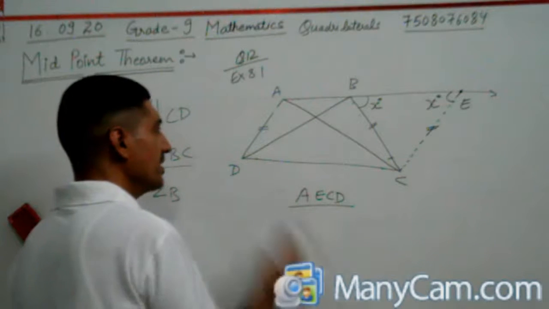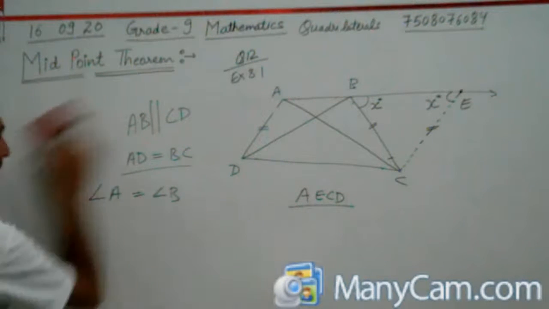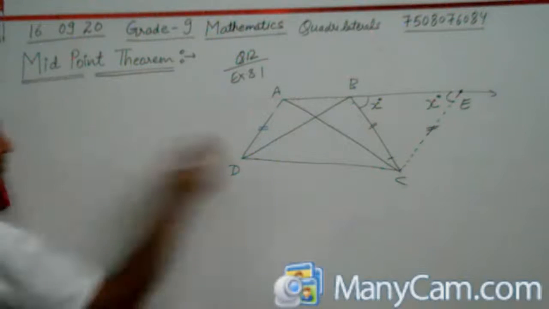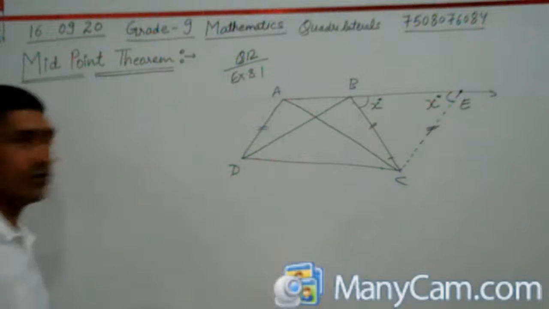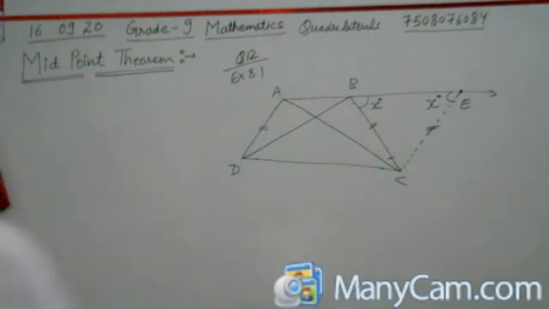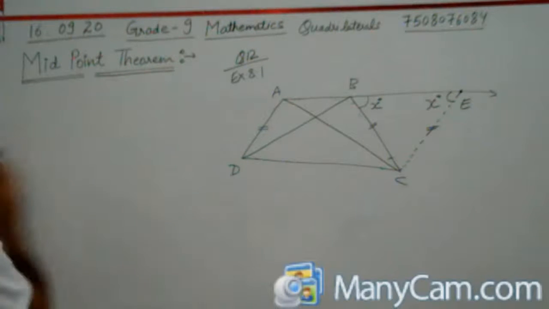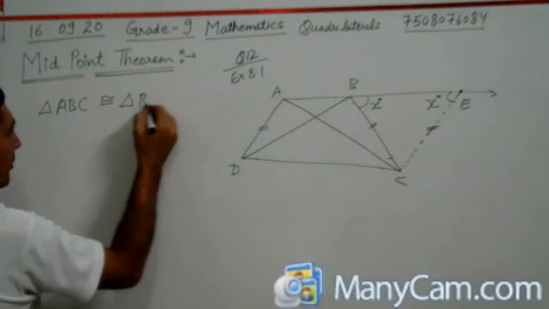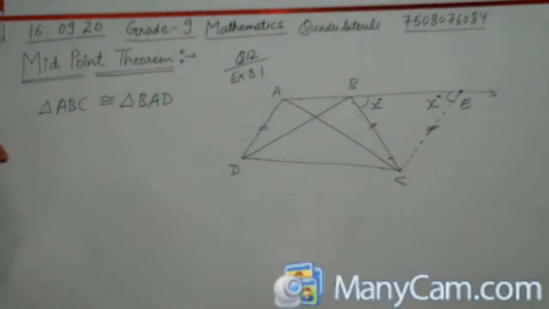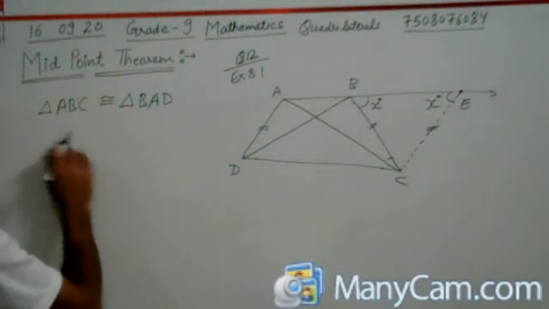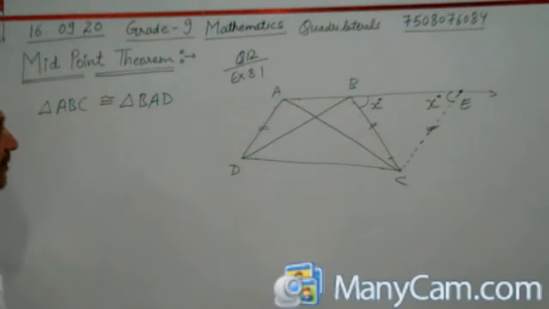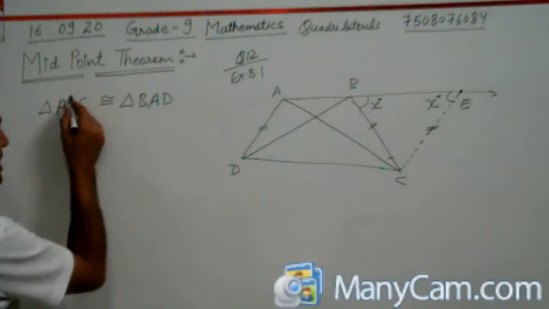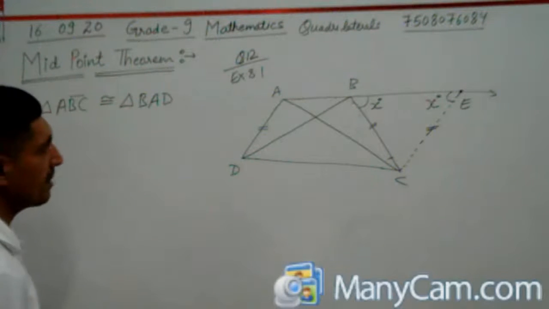These two triangles, the first part which we want to prove here, are triangle ABC and triangle BAD. Sides: BC and AD are equal.